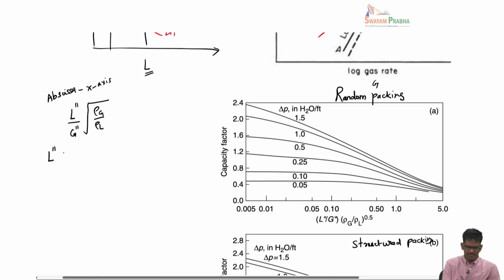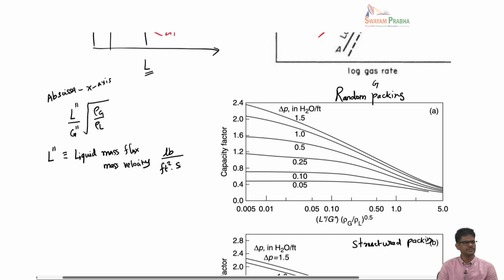This L double prime here, this is the liquid mass flux or mass velocity. This should be in the units of lb over feet squared second.